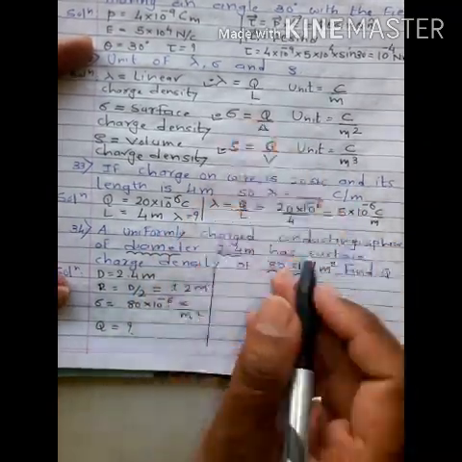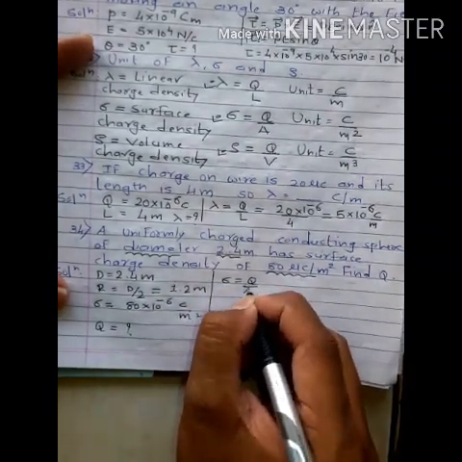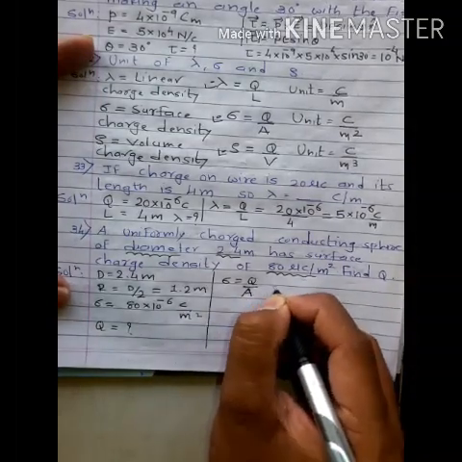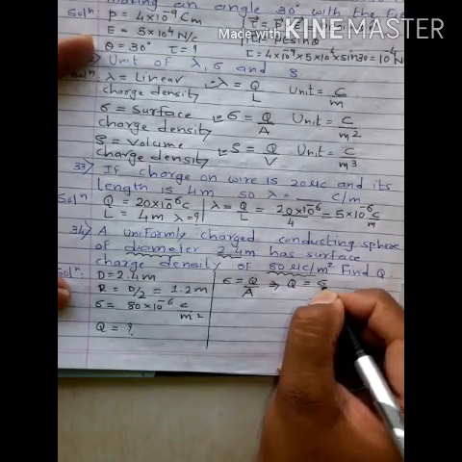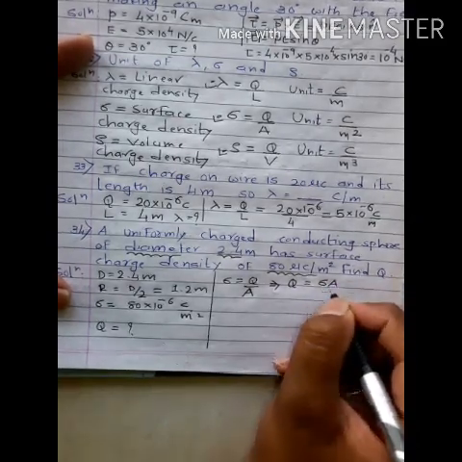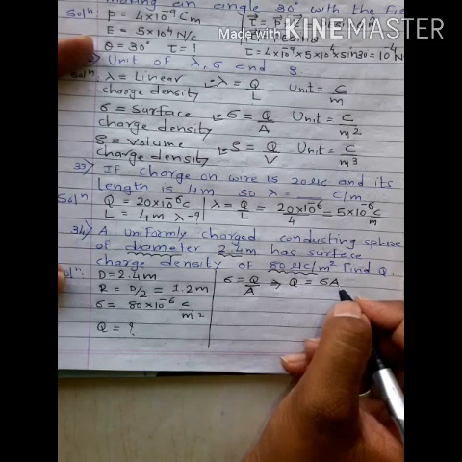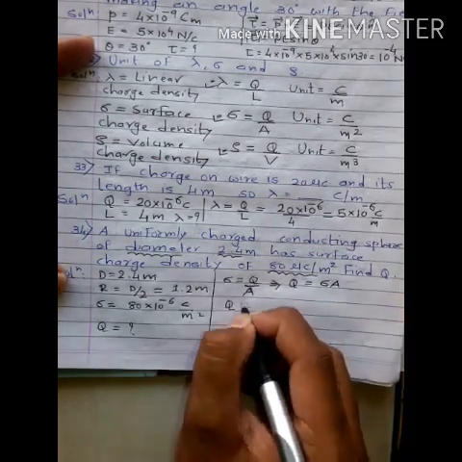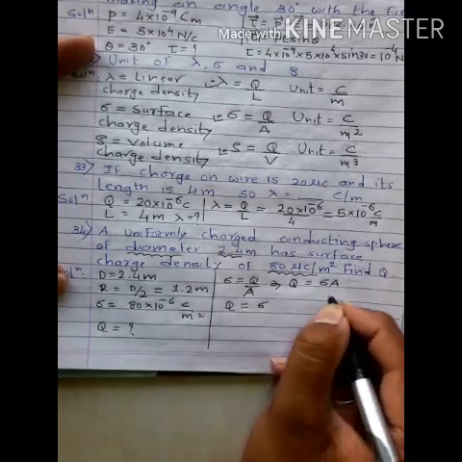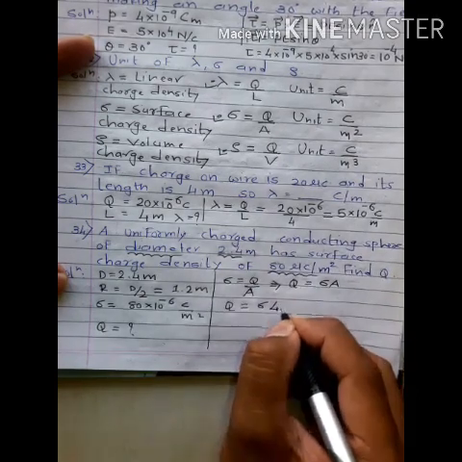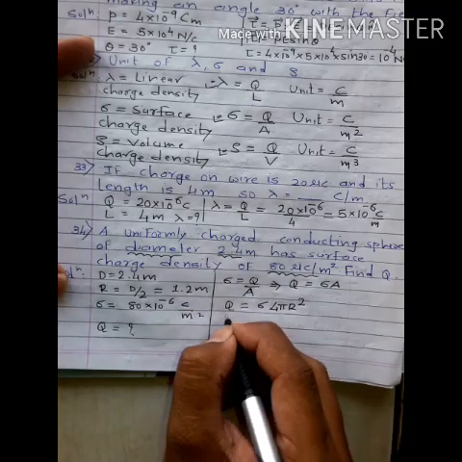Now here we use this equation. Surface charge density sigma is equals to Q by A. Here we want value of Q, so make equation of Q. So Q is equals to sigma into A. The value of sigma is given, but area of sphere is not given. Clear? So we use equation of area of sphere. Therefore Q is equals to sigma as it is. Area of sphere is given by 4 pi r square. Now substitute all value.